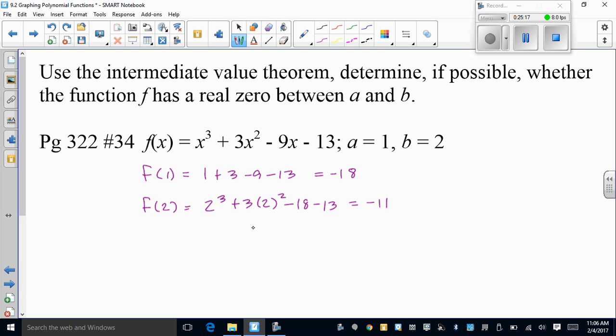Now, determine whether or not there is a real zero. We cannot determine this. There are reasons. Either there is no zero, or 2, there's more than 1 zero between the two.